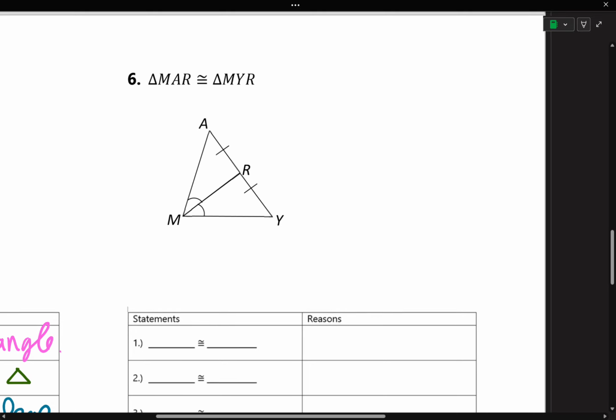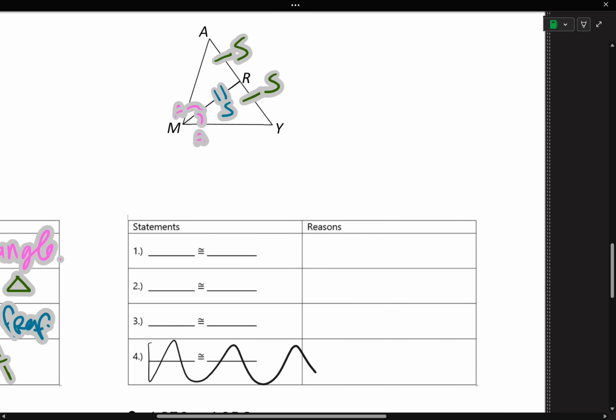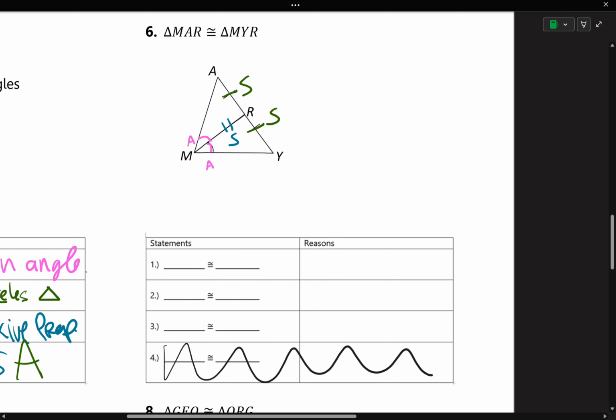Number 6. Is MAR congruent to MYR? Well, let's see. Each of them has a single arch. They each have a single tick. And they share the middle side. Oh no, we've got another ASS. Well, let's write its congruencies. We've got angle AMR congruent to angle YMR.